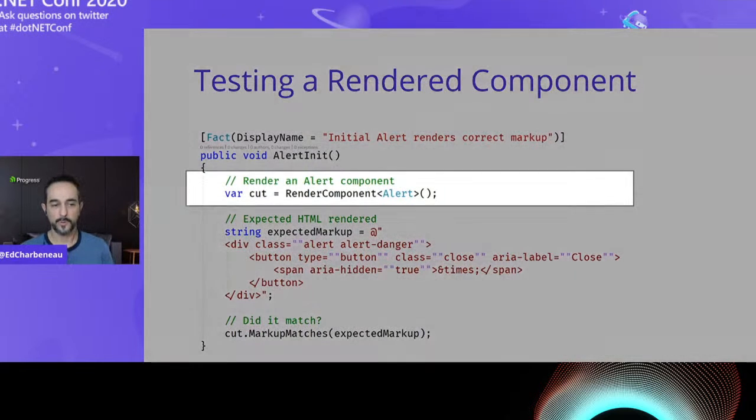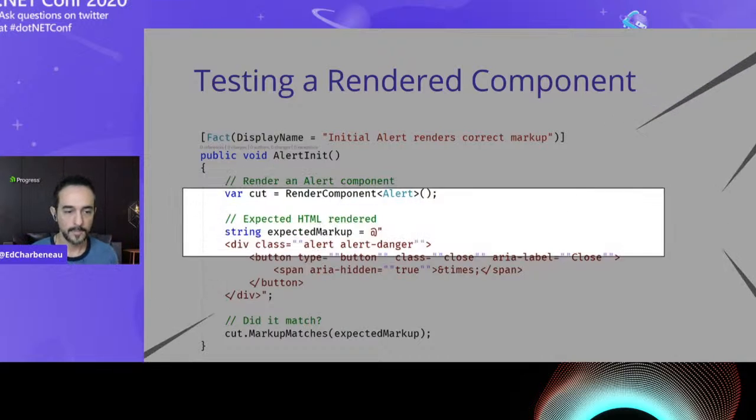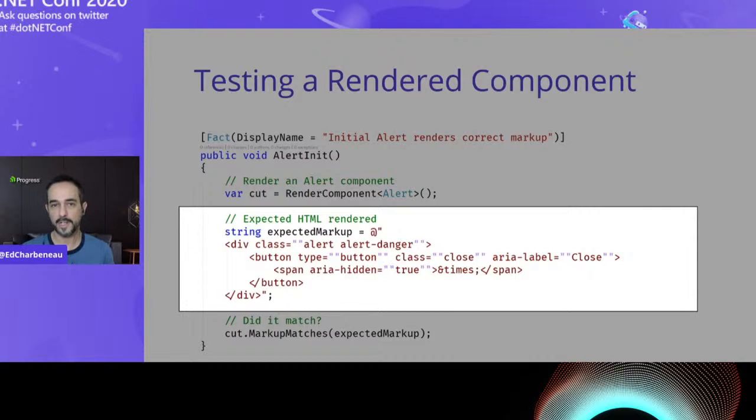The first thing we'll do is tell bUnit to render that component, and we're going to render an alert component. We'll set up the rendered HTML of what we expect that to be. And again, this is a semantic comparison, so white space and things like that aren't necessarily going to matter here.